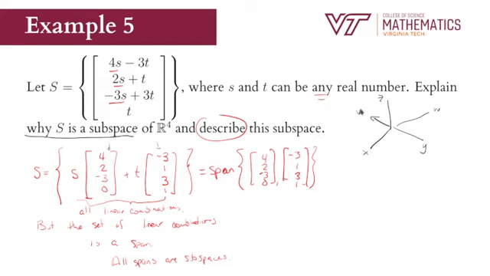So this was the first vector, and over here is the second vector. And the linear combinations of those two vectors, just like in the last example when we did combinations of x and z, combinations of v1 and v2 are going to lie in the plane containing v1 and v2. And so this subspace is a plane containing v1 and v2. I can't draw it, but I can at least describe it.